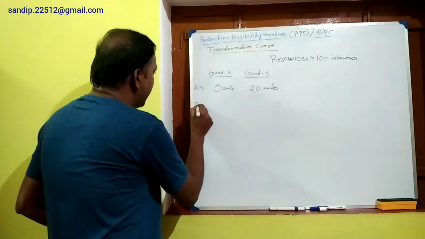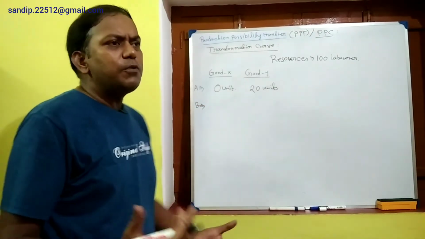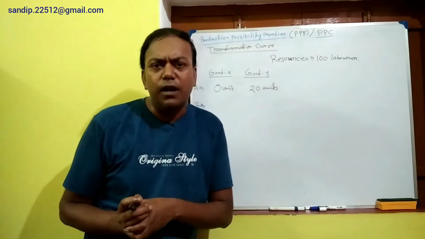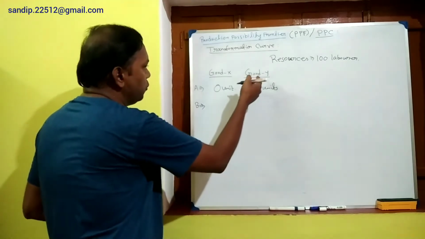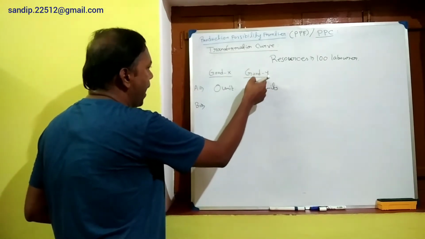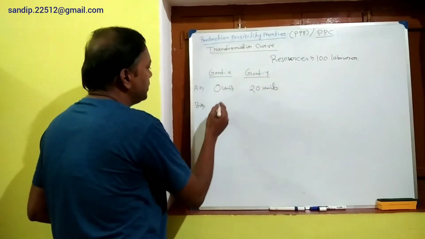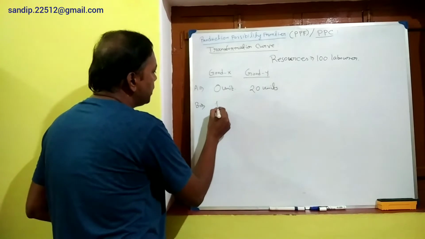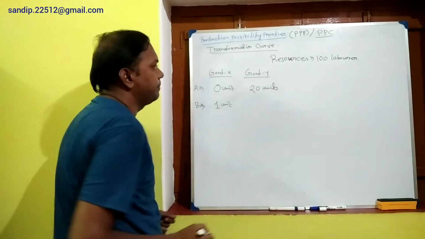Now let there be another combination, which is B. Let us suppose the producer wants to produce 1 unit more of good X. Then what does he have to do? He has to transfer a few laborers from Y to X. So if he transfers a few laborers, its production increases and becomes 1 unit.